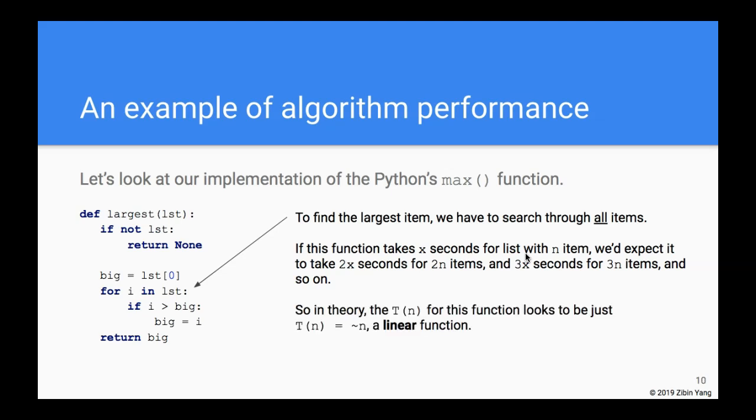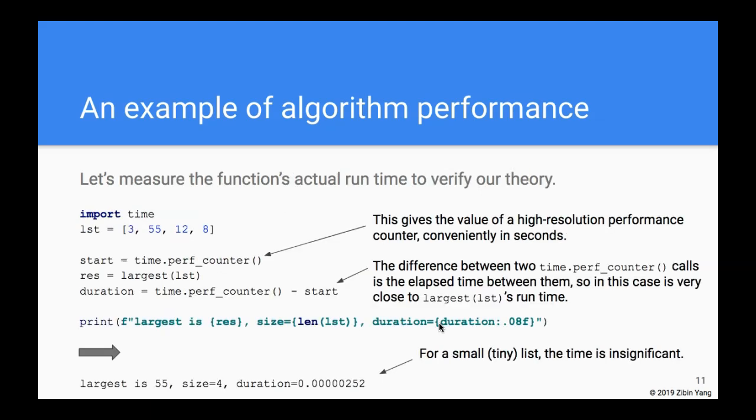So at least in theory, and just by looking at the algorithm, the time function T(n) for this largest function looks to be proportional to n, which is a linear function. Okay, so that's in theory. So let's actually try to measure the performance of the function.